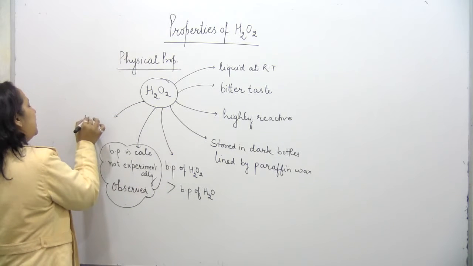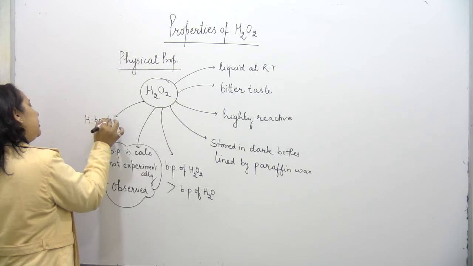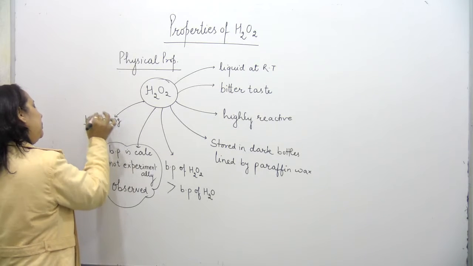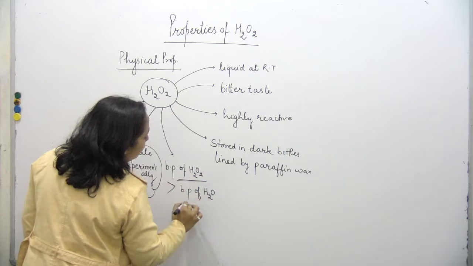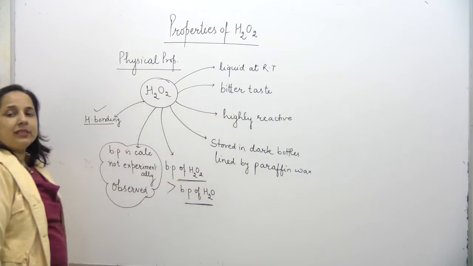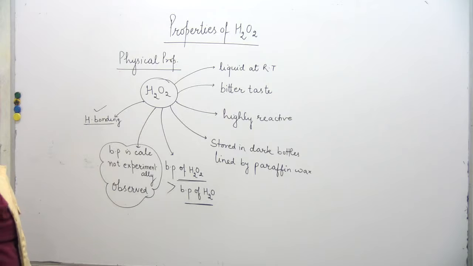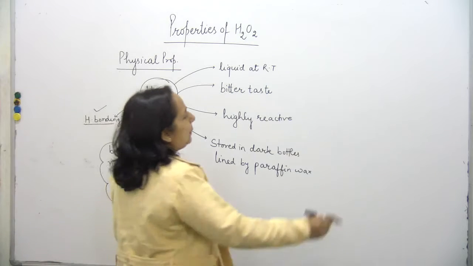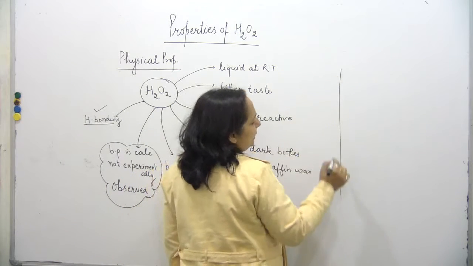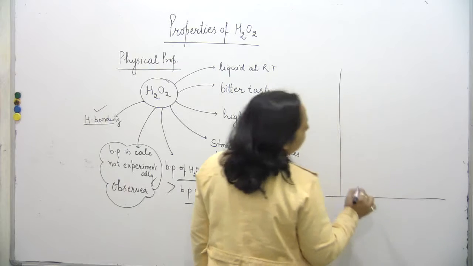Hydrogen bonding is present in hydrogen peroxide. That is the reason why its boiling point is more than that of water, because in hydrogen peroxide there are two OH groups and those are leading to more number of hydrogen bonds as compared to water. Now why boiling point cannot be determined experimentally, it is to be calculated.